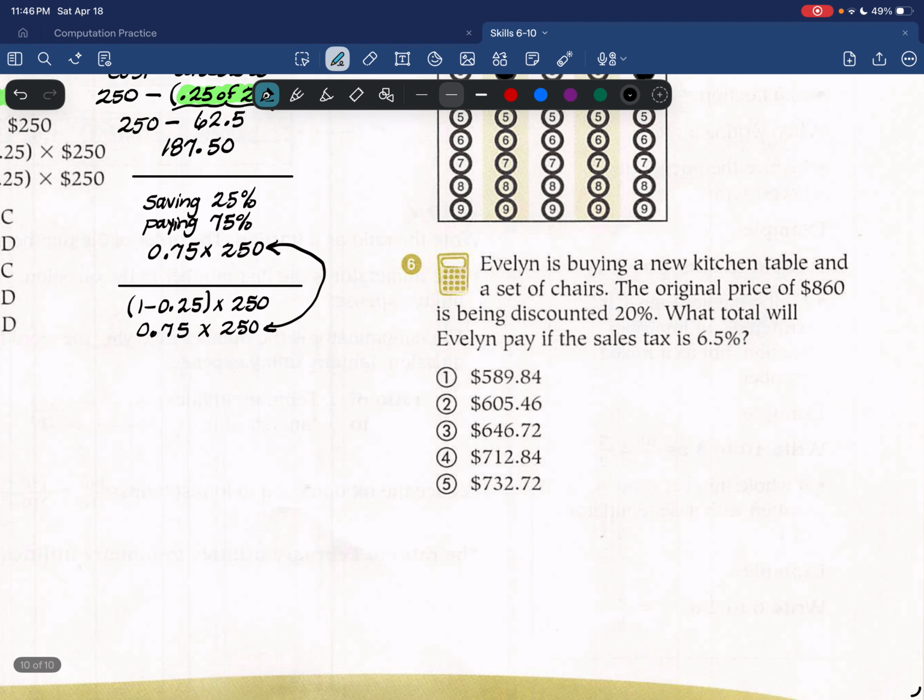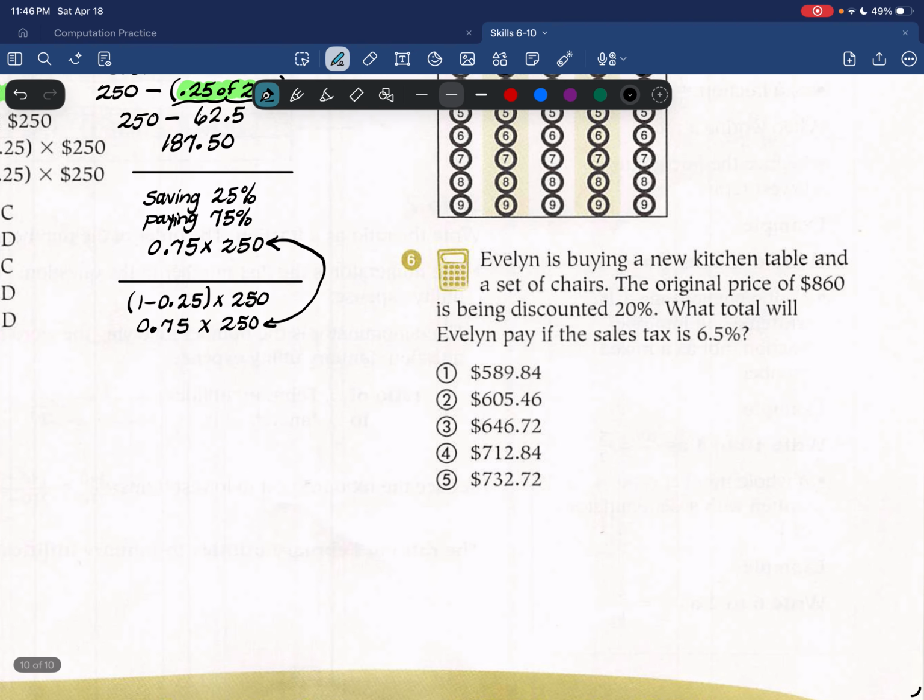All right, number 6. Evelyn is buying a new kitchen table and a set of chairs. The original price of $860 is being discounted 20%. What total will Evelyn pay if the sales tax is 6.5%?